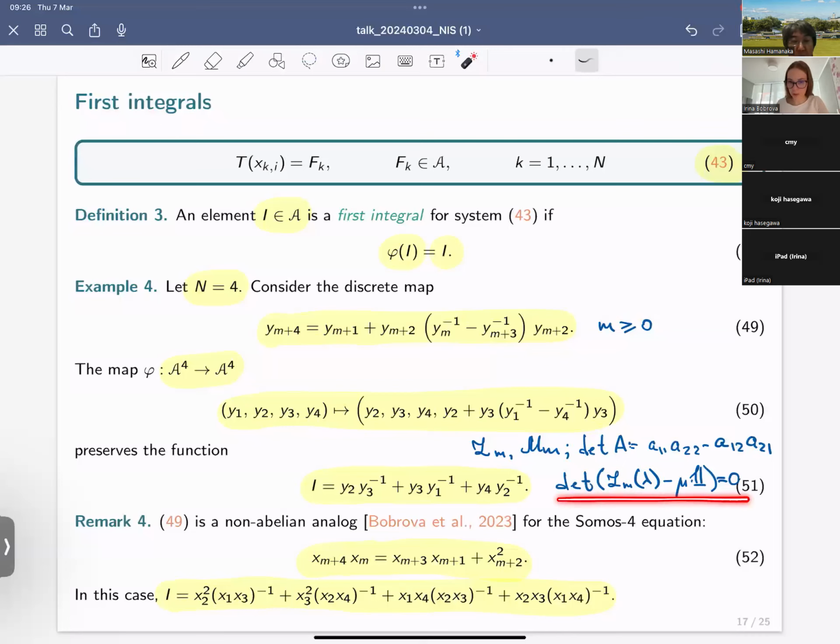This is the spectral curve. If we compute the left-hand side of the spectral curve, we will obtain some polynomial in variables lambda and mu. And the coefficients in front of these polynomials give us this.